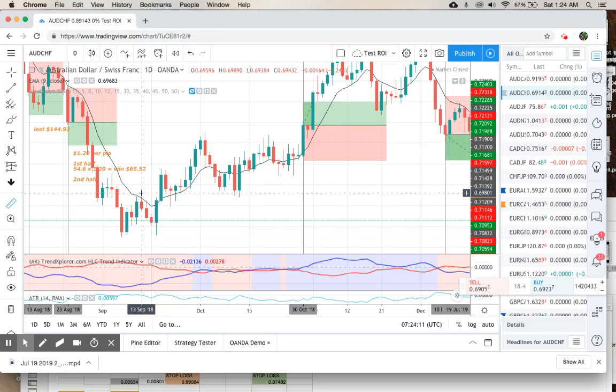So from roughly about here to back here where we entered, that's a good 170 pips. Nice.